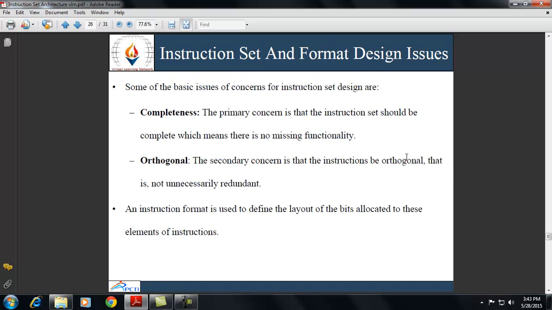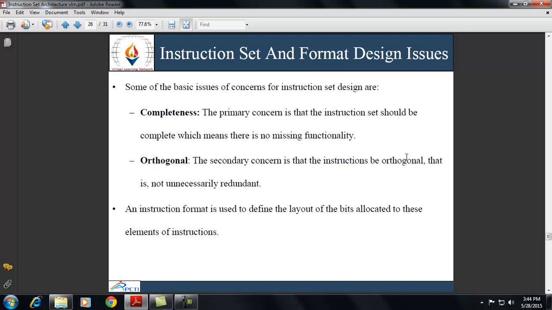Now, what are the instruction set and format design issues? Some of the basic issues of concern for instruction set design are completeness and orthogonality. Completeness means the primary concern is that the instruction set should be complete, which means there is no missing functionality.